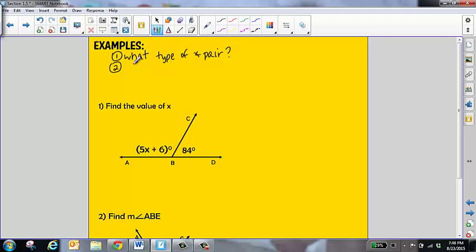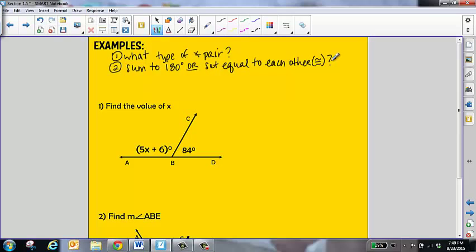Then from there, you should say, well, does that mean I'm going to sum my angles to 180 degrees? Or am I going to set them equal to each other? And we're going to set them equal to each other if they're congruent.